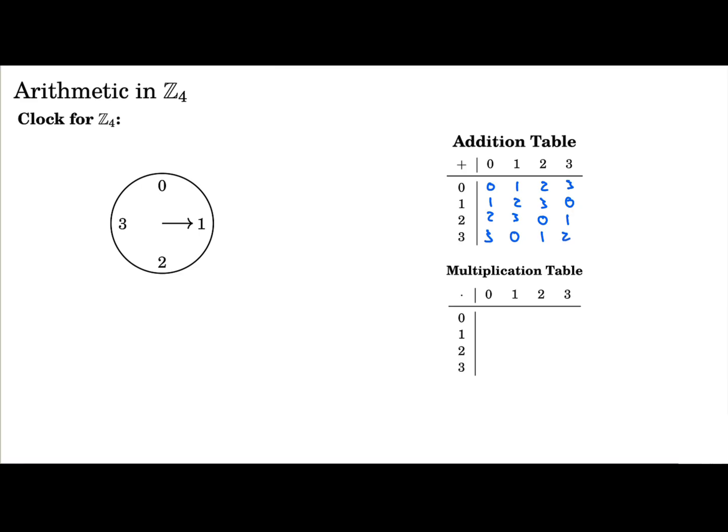Will it be the case that every number has an inverse? So when we multiply by 0, we get this here. When we multiply by 1, we keep the same number, 1, 2, 3. And so, of course, 1 has an inverse.